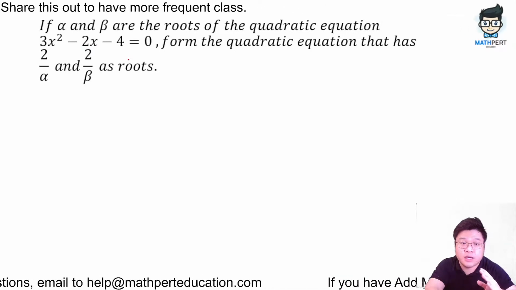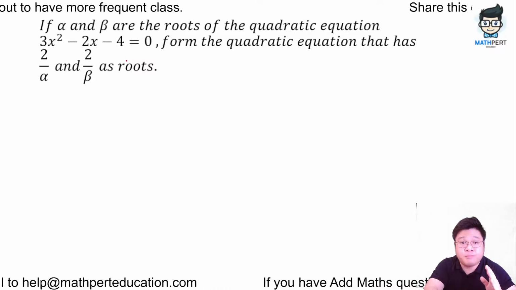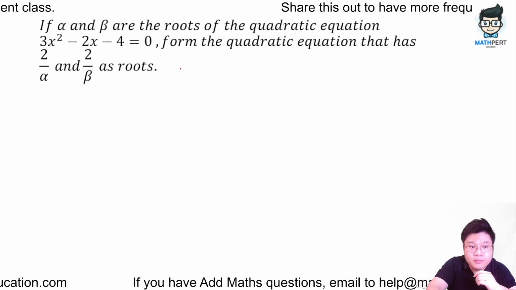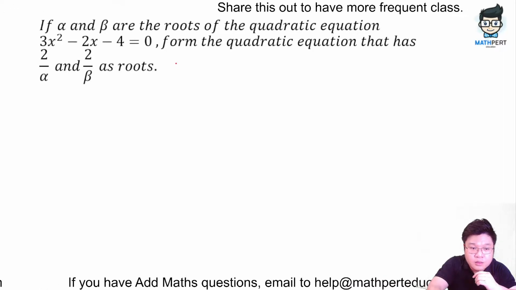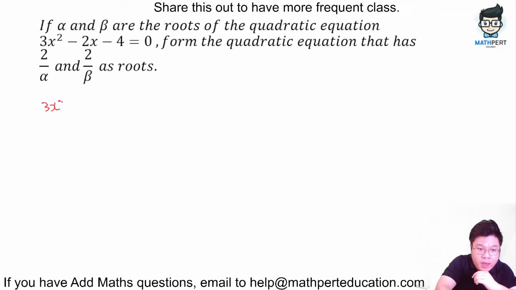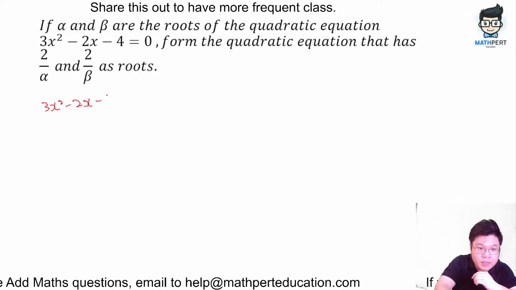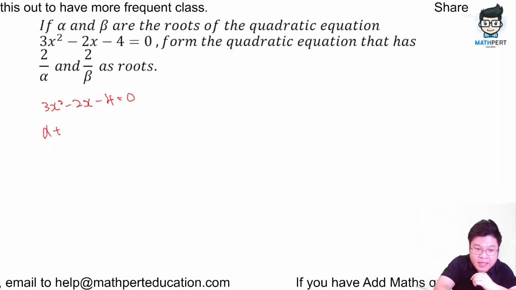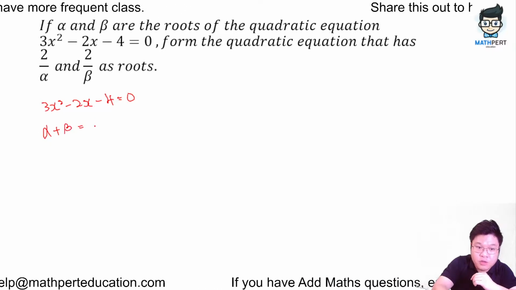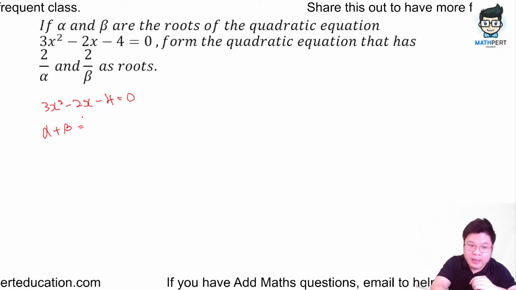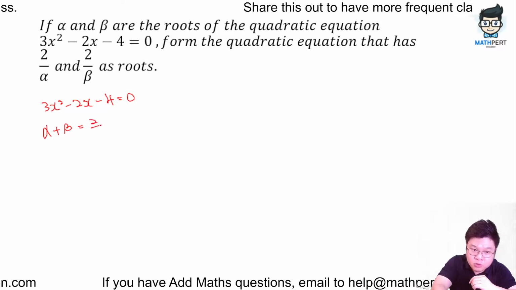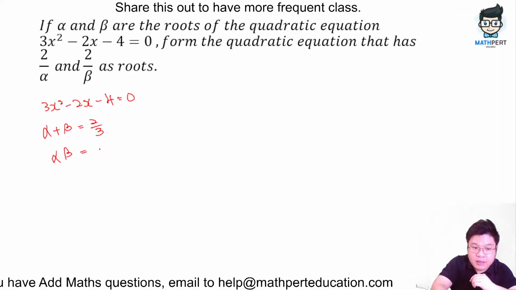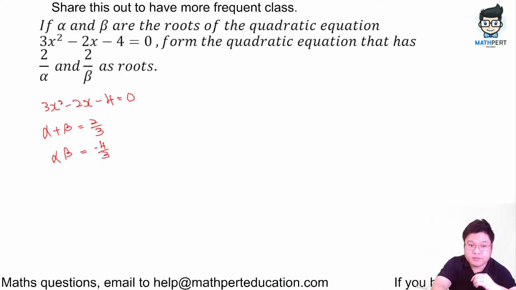We need to find out the sum of roots and the product of roots. The sum of roots alpha plus beta is equal to negative b over a, negative negative 2, so it's 2/3. The product of roots alpha beta is negative 4 over 3.